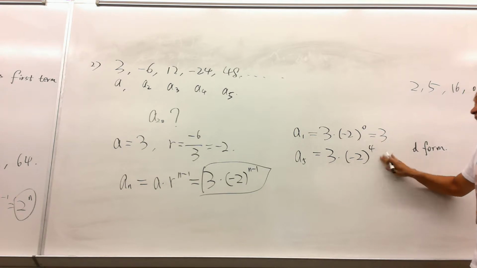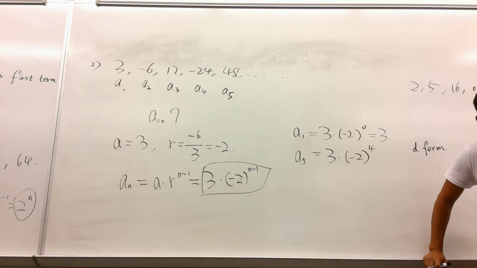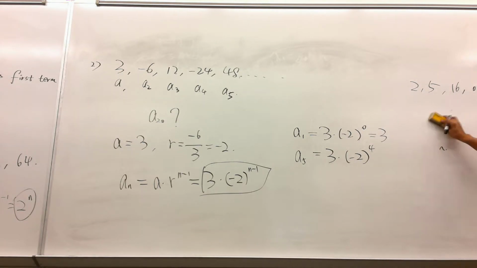And -2 to the 4th equals, you can just do -2 times -2 times -2 times -2, but doing that will not help you. You can do this: 4 together gives you 16. Just that easy.